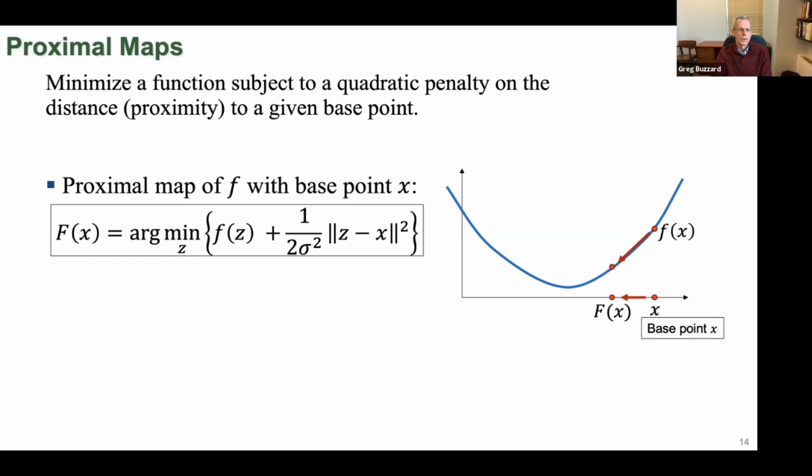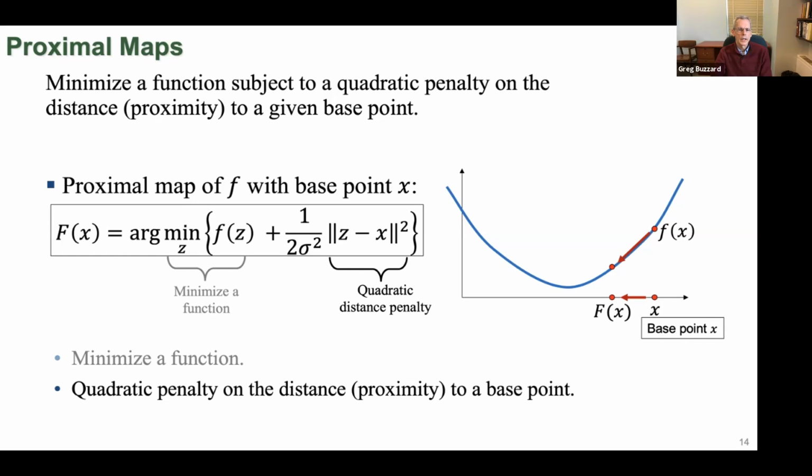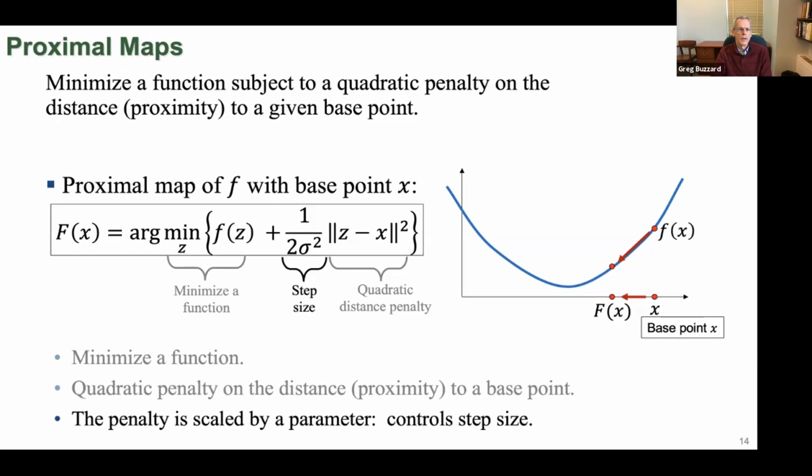And so we do that, we're minimizing this function, but we have a quadratic distance penalty to our base point. So we don't want to move too far from our base point because we have two functions to satisfy rather than just one. And then we have something which controls this step size, which prevents it from going too far. We can get instability issues if our step size is too big, etc.